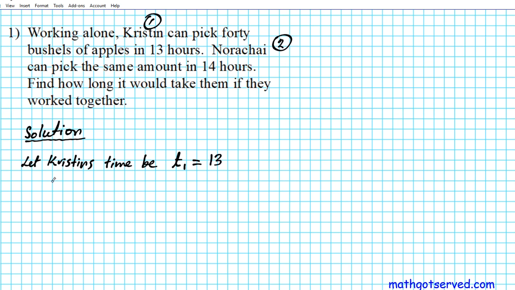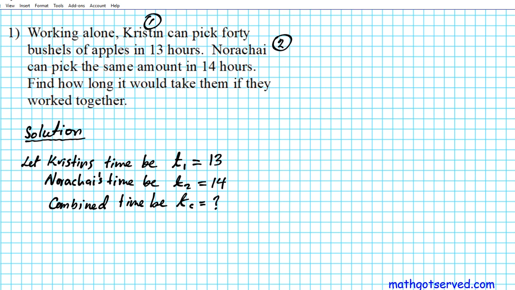And then Narachai's time be T2, which is 14 hours. And then the combined time is T sub combined, which is what we're looking for. That is the unknown in this situation.